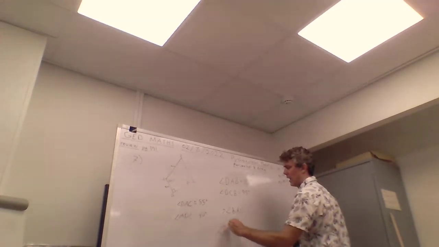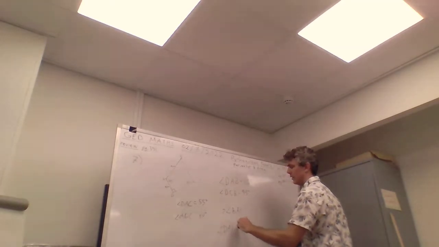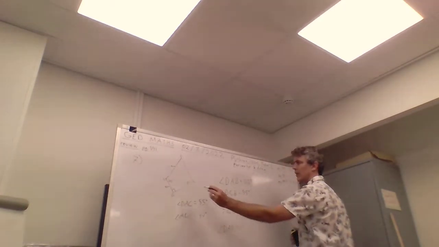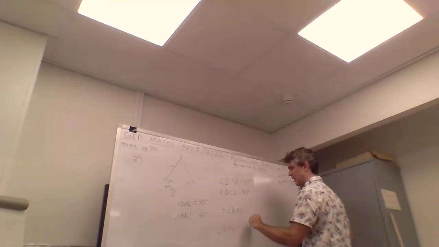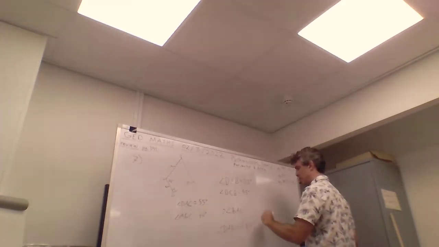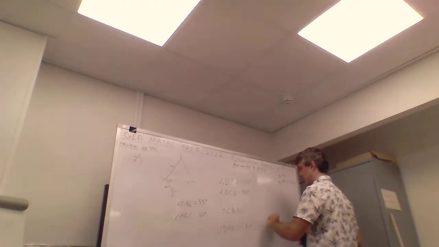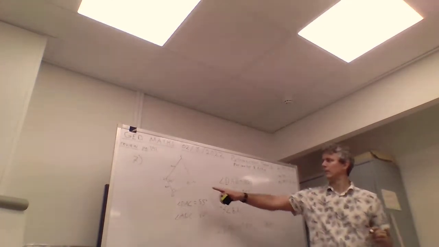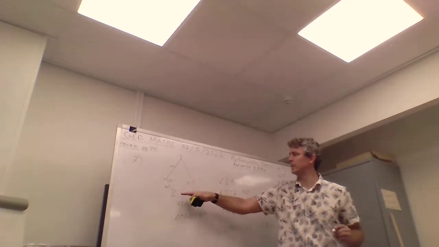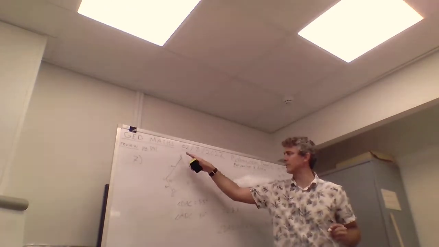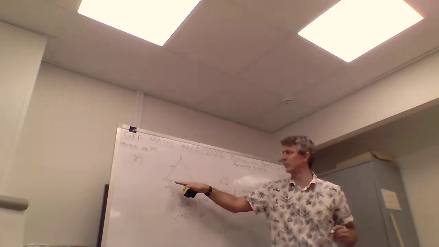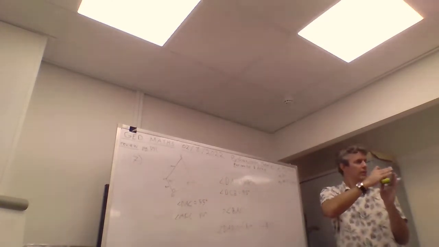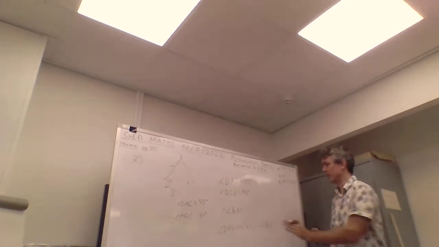So DAB equals angle DAC plus BAC. Do you guys see that? DAB equals DAC plus BAC. It's this one plus this one, right? Does everyone see that? Imad, you see that? Okay, so this one plus this one.